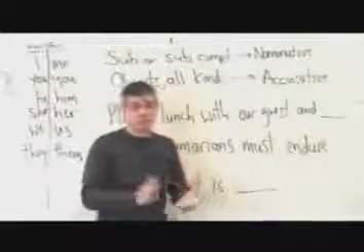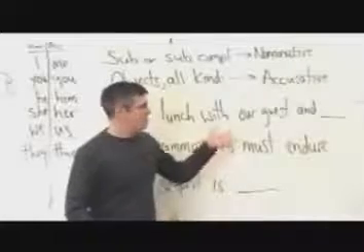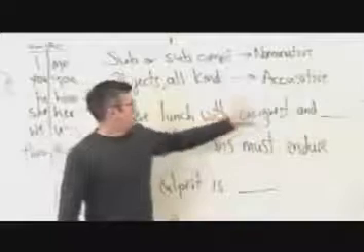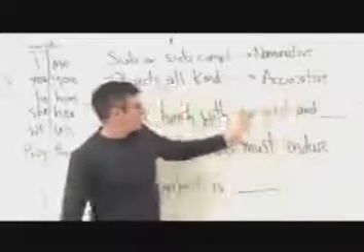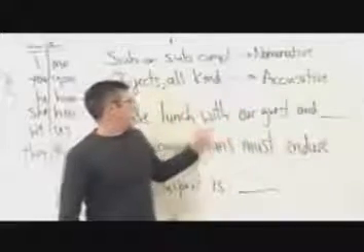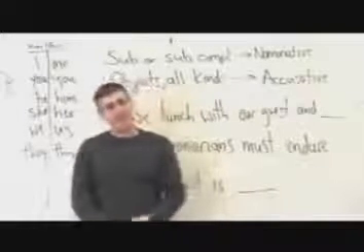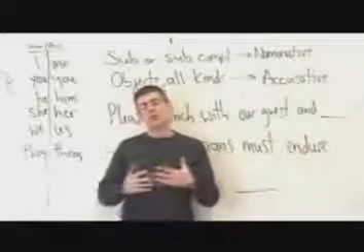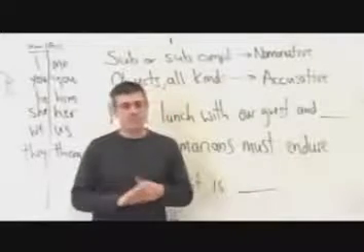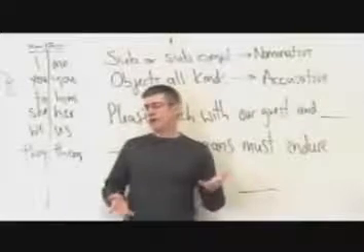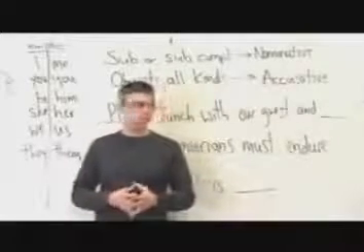It's not really a trick, but one thing you can do if you're still feeling a little queasy about this is you can just rip out this other stuff and ask yourself, well, which is correct? Would I say, please have lunch with I, or please have lunch with me? And native speakers, I don't think they would be very apt to say, please have lunch with I. That just sounds very abnormal to a native speaker.